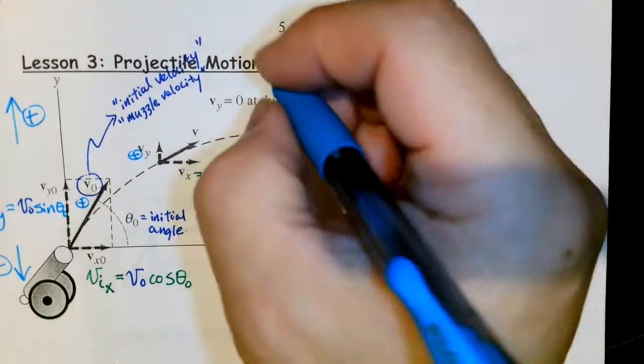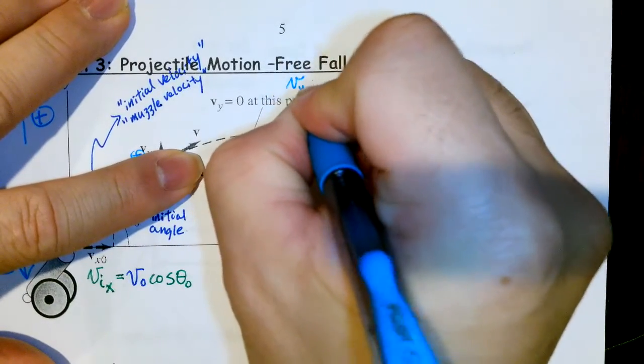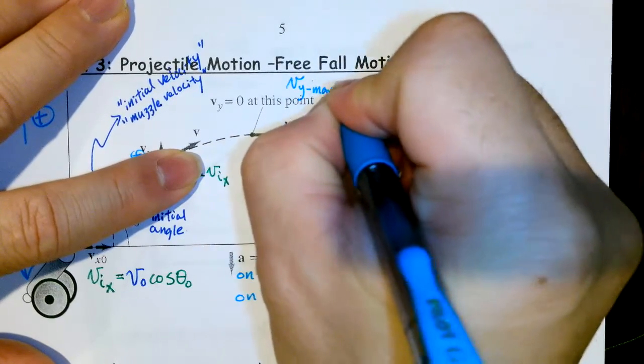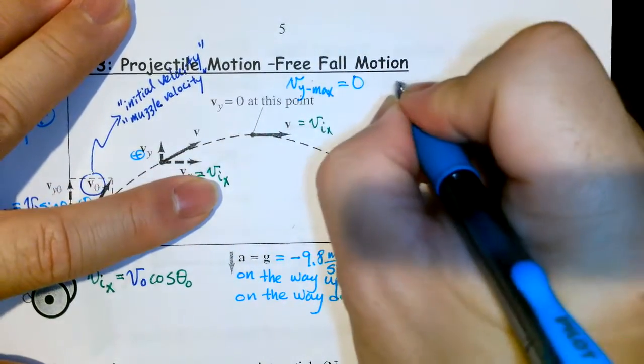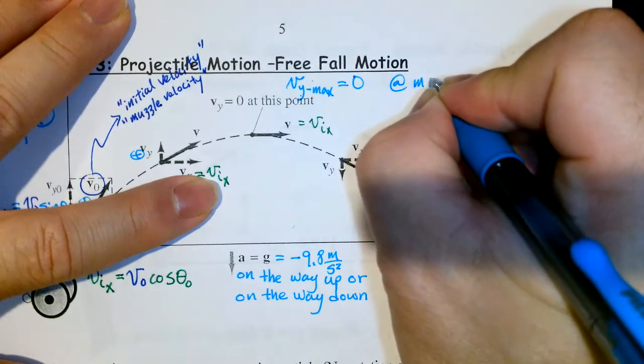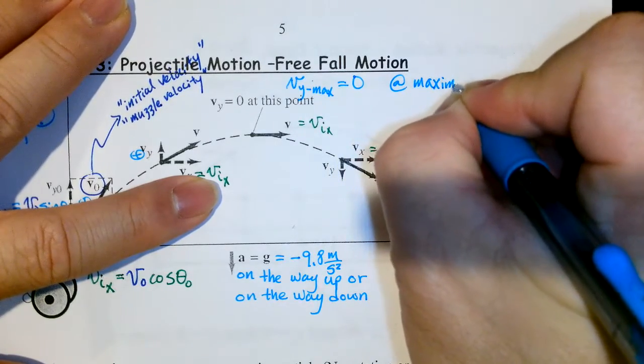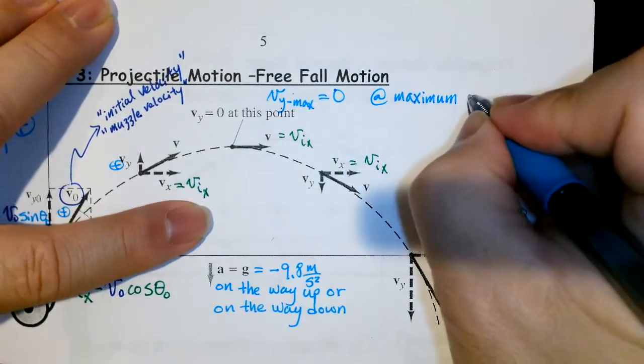So my Vy max will be zero at the maximum y position.